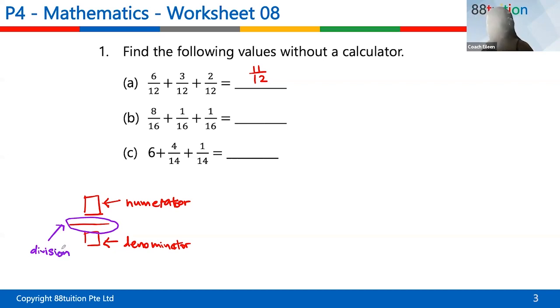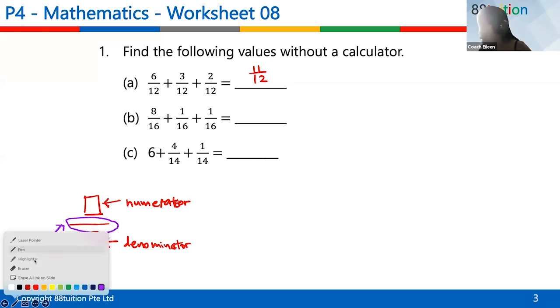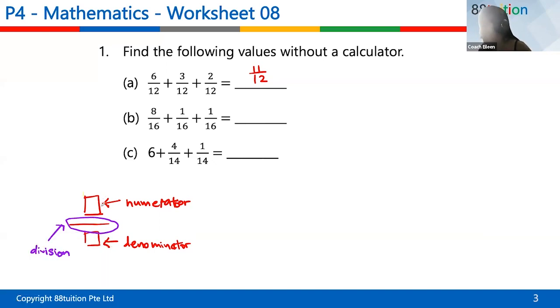So it's actually my top number. Let me take a highlighter. It's simply taking my top number, divide by my bottom number. Because my denominator is also my total number of parts, correct? And my numerator is the number of parts that are shaded, okay? So I'm also going to write this.